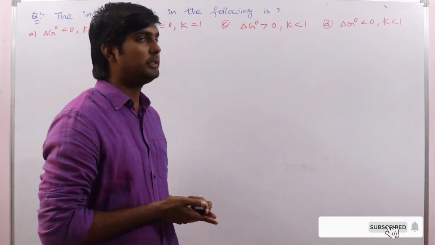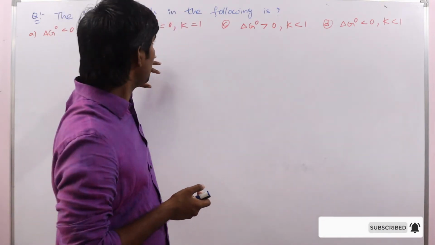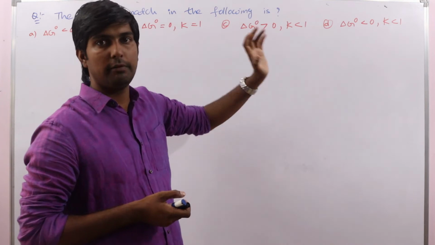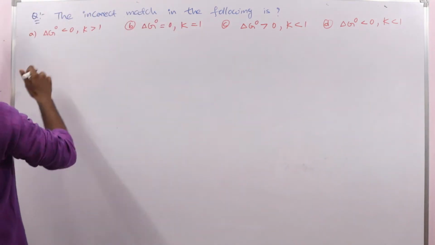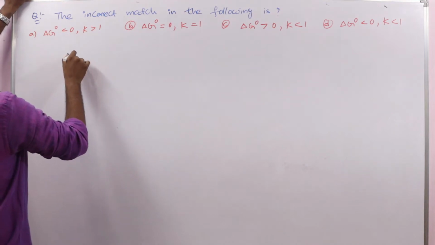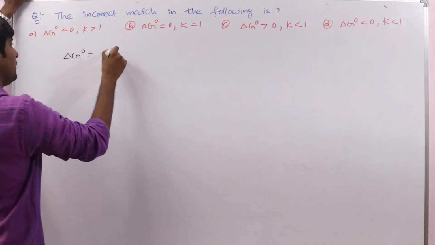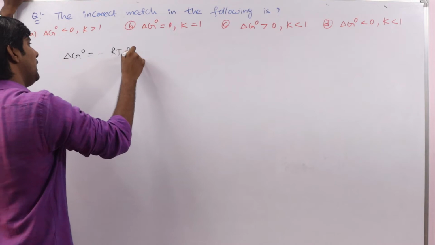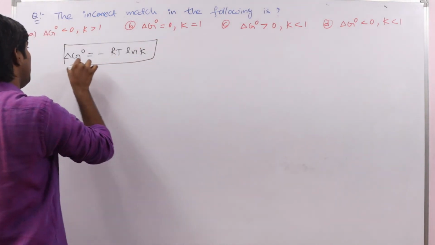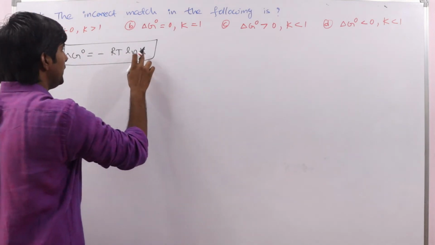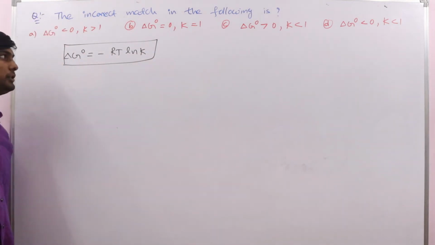In the previous lecture we discussed completely about the relationship between those two. So what is the relation between these two is that delta G naught is equal to minus RT ln K. Okay, so this is the relationship which involves standard Gibbs energy change and equilibrium constant.